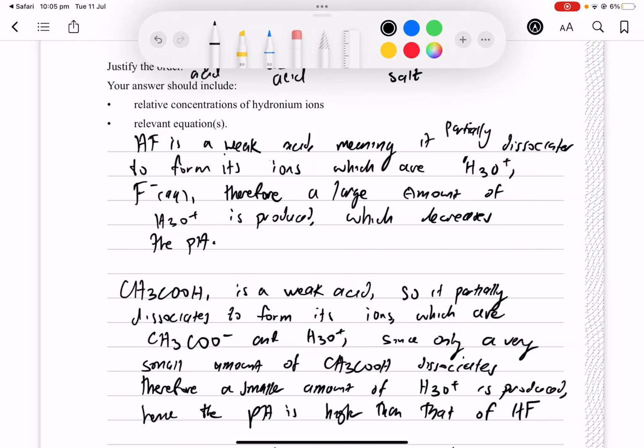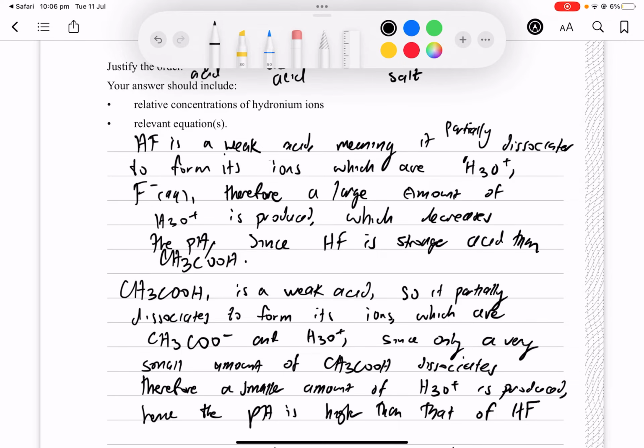So it partially dissociates to form its ions. You can say a larger amount of H3O+ is produced, which decreases the pH, since HF is a stronger acid than CH3COOH. So just be careful on the wording.